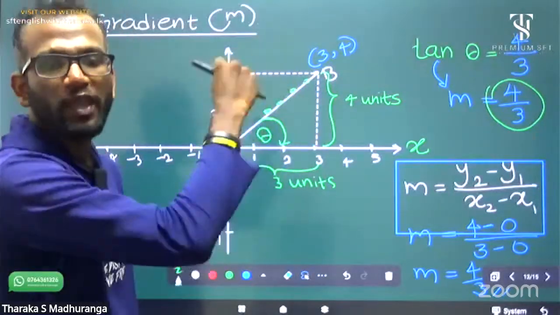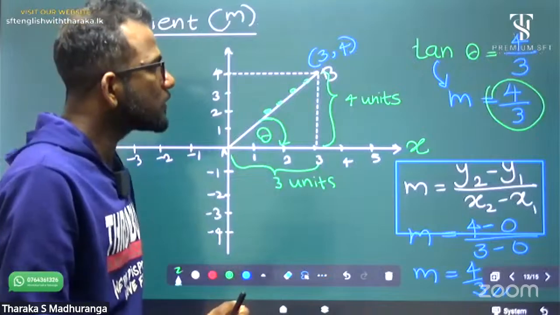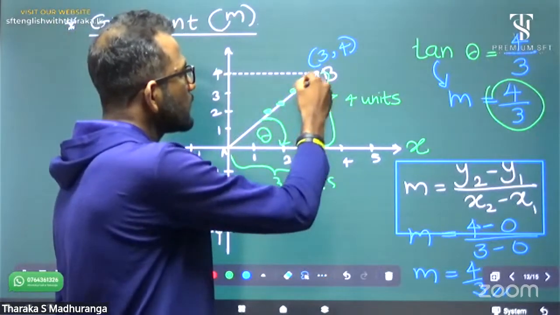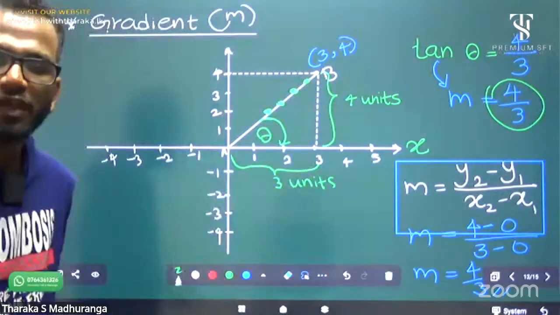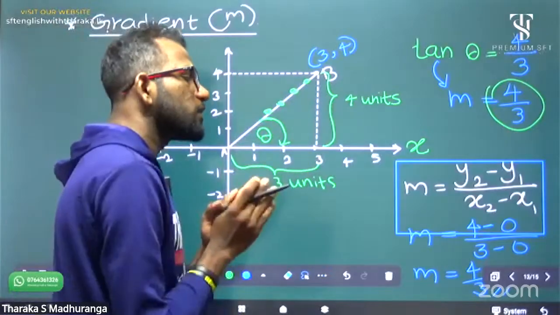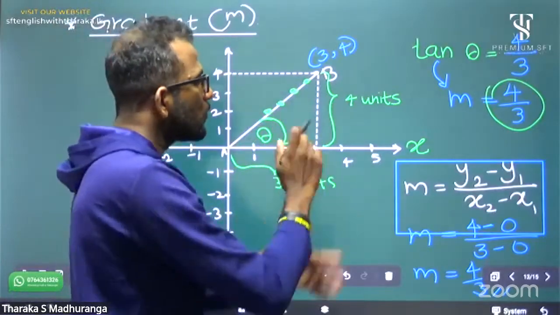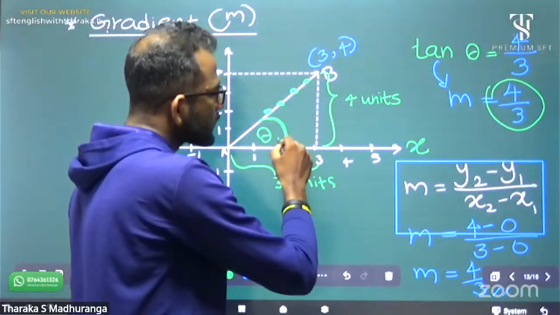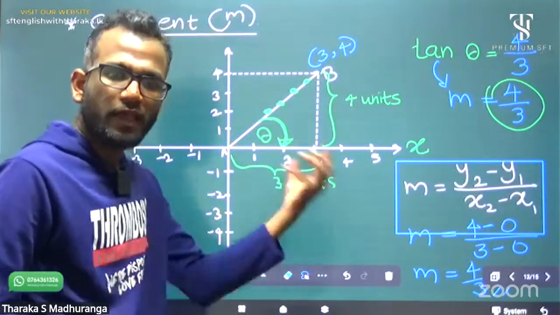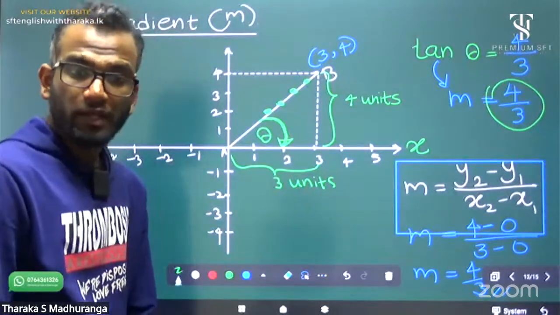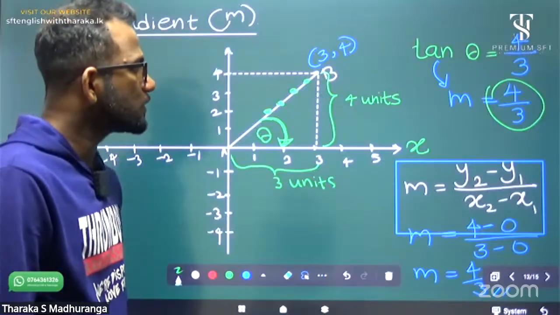That's why they are called variables. X and y values are changing. But the gradient is the same constant value for one straight line. Remember the definition of gradient: the slope, or the tan of the angle to the positive direction of the x-axis. That we call the gradient.